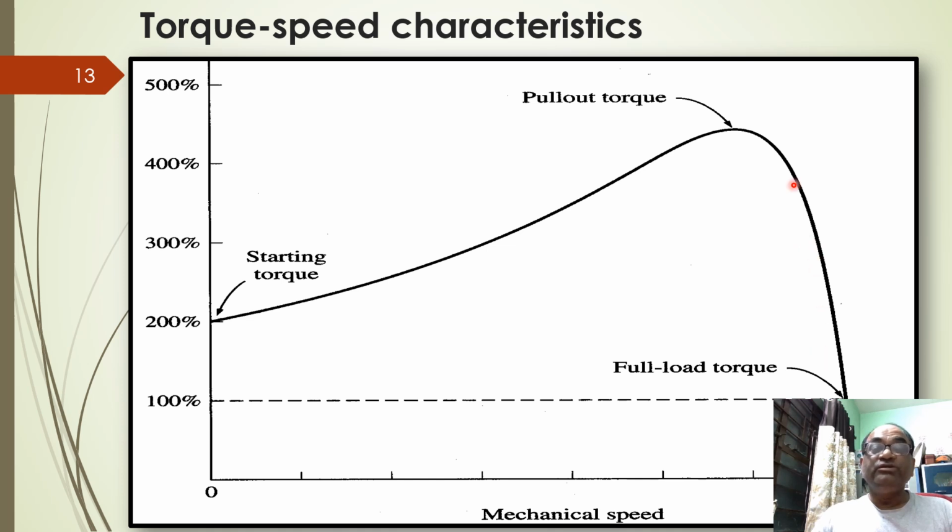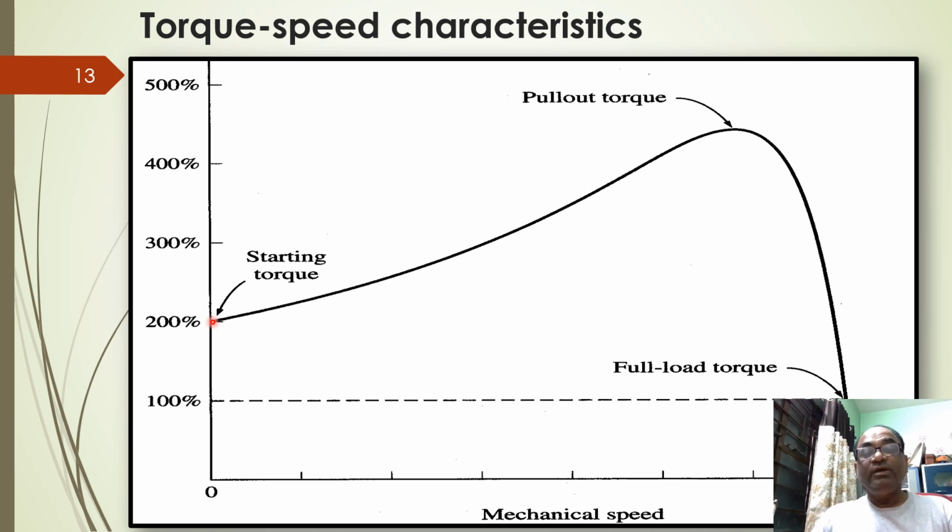This 200% of the torque is sufficient enough to rotate the motor on load. Even if your motor is loaded, it is able to start because its starting torque is 200%.